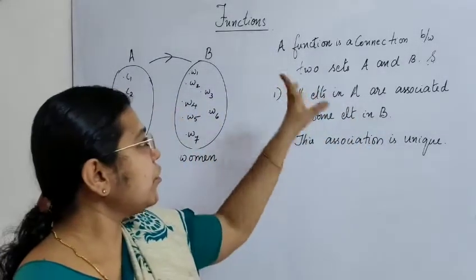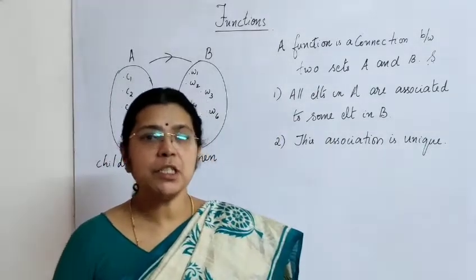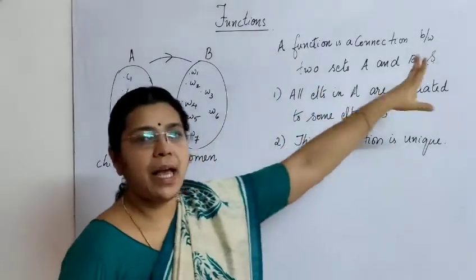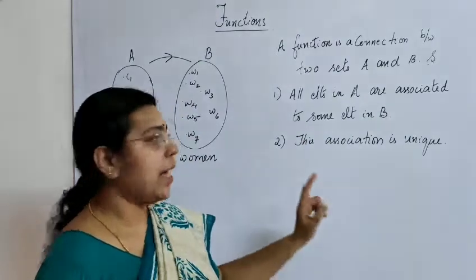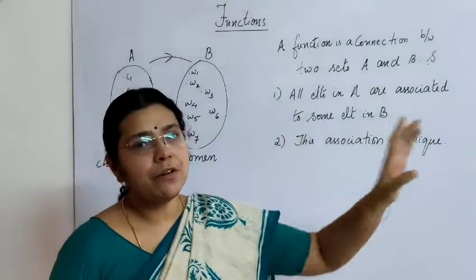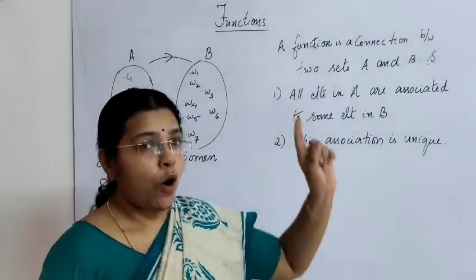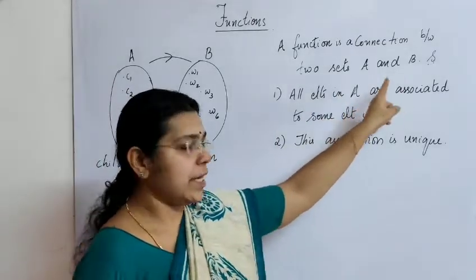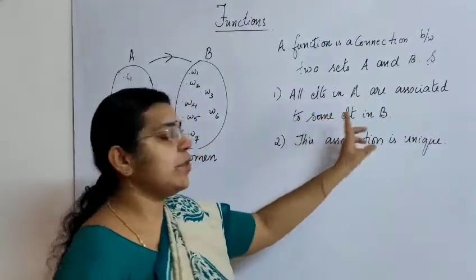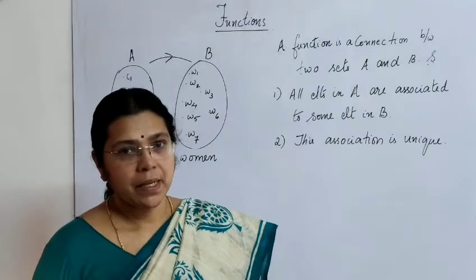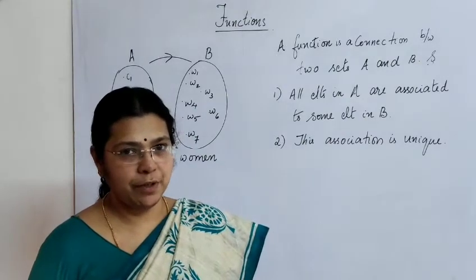A function is a connection between two sets A and B such that all the elements of set A are associated with some element in B. That is the first condition to be a function.